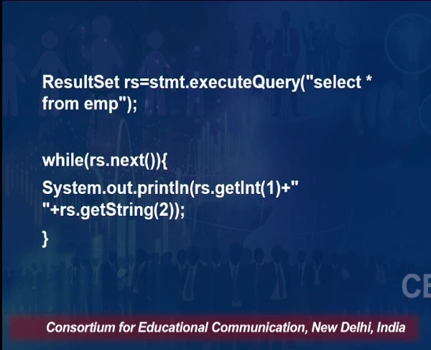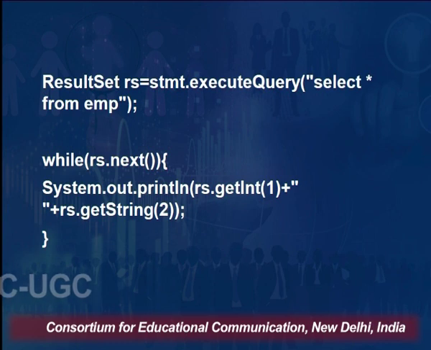Now, in order to use this rs as an iterator, as I have told you earlier, we will be using this rs inside a while loop which says while rs dot next. That means till you have the data or the records available within this ResultSet, you need to print some information from it. Now, what is that information? That information is rs dot getInt, and within the bracket we have written 1.